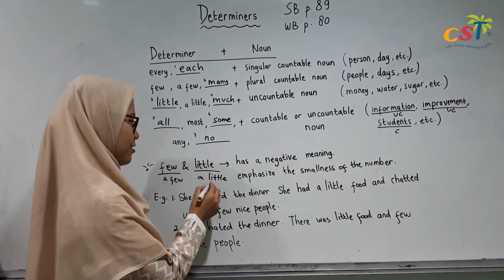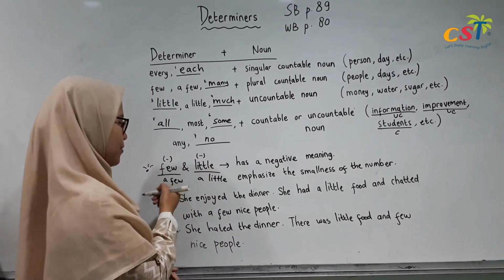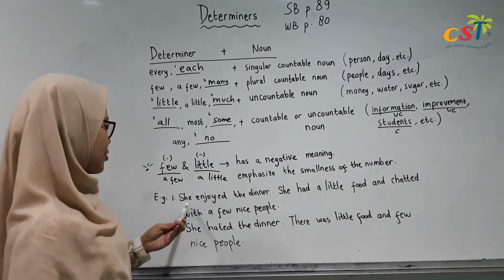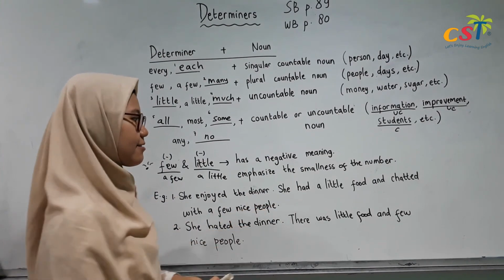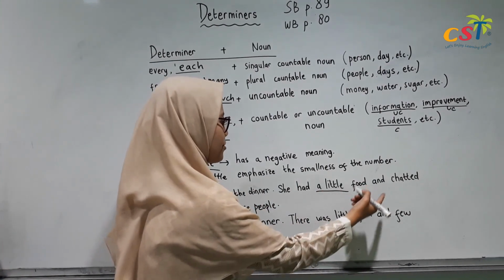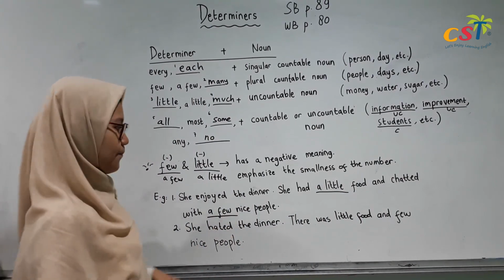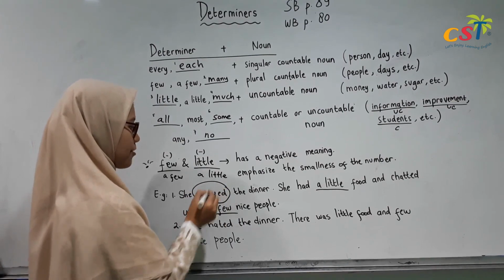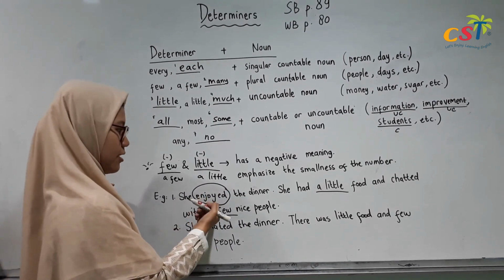Remember, few and little are negative, a few and a little are neutral. For example, she enjoyed the dinner. She had a little food and chatted with a few nice people.